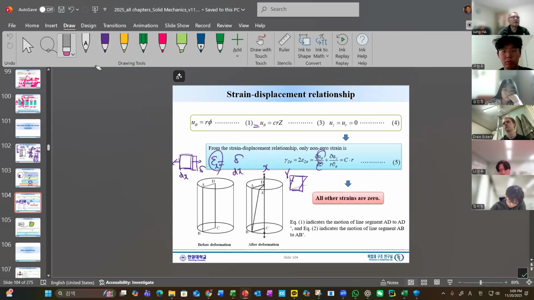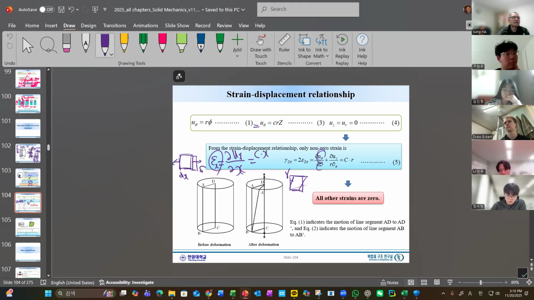I like to follow exactly the same concept as above. Now this guy will have a derivative of ux with respect to x, and ux is what? This one is proportional to c times x.